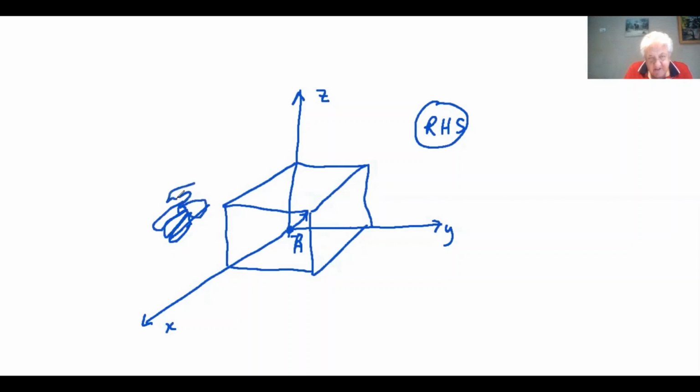This is a hand pointing in this direction. If you curl your fingers towards Y, your thumb will point in the Z direction. I'm not an artist, so my drawing is not fantastic. So flatten your right hand, point it in the direction of the x-axis, curl your fingers towards the y-axis, then your thumb will point in the z-axis. If you do this with a left hand, you'll end up with a coordinate system which is a left-hand set.